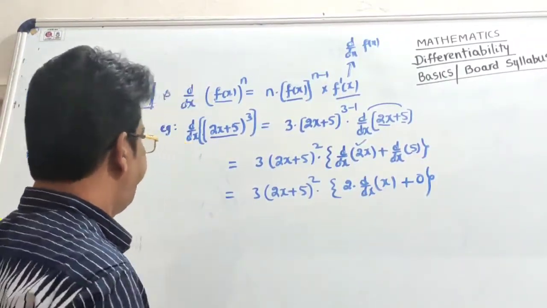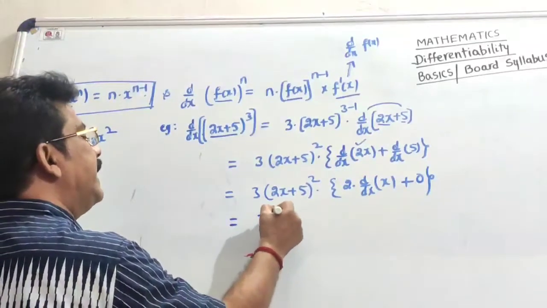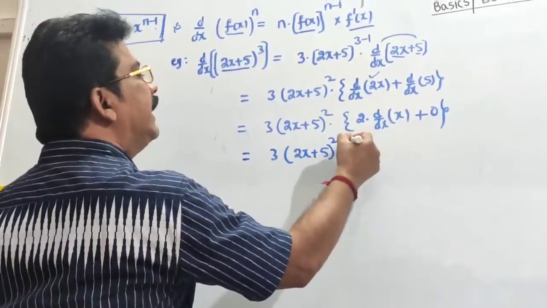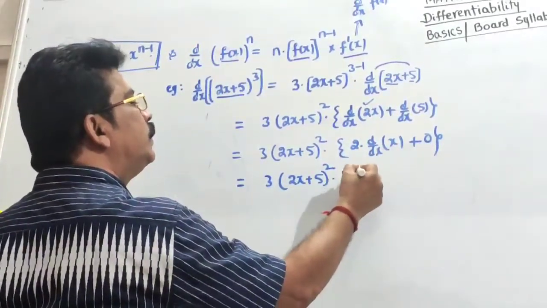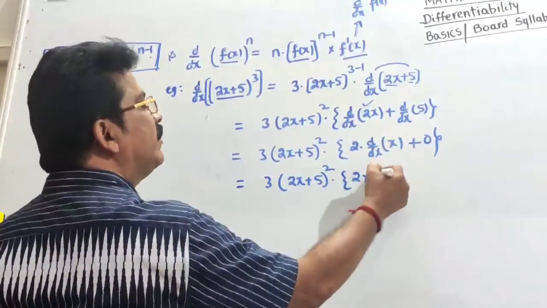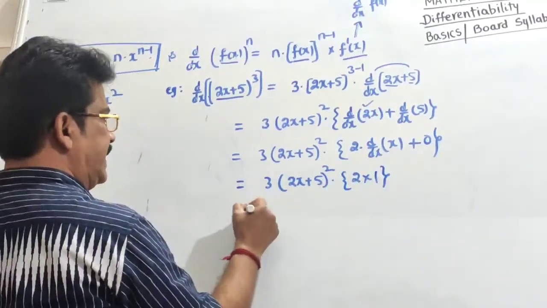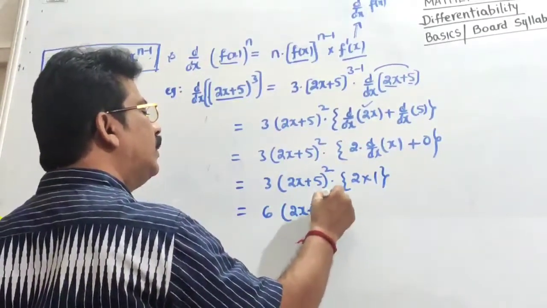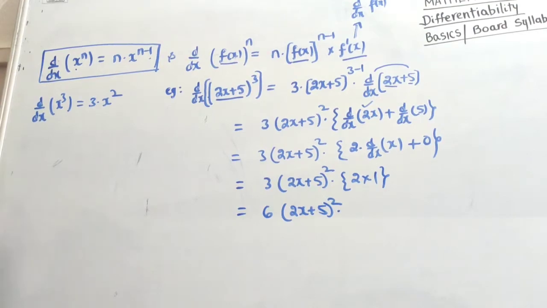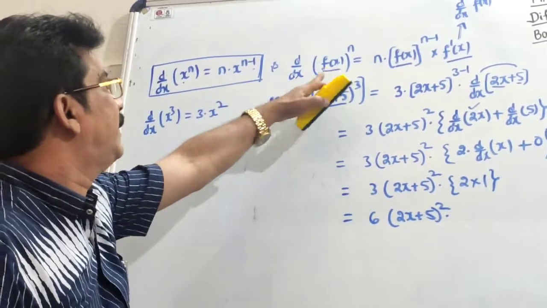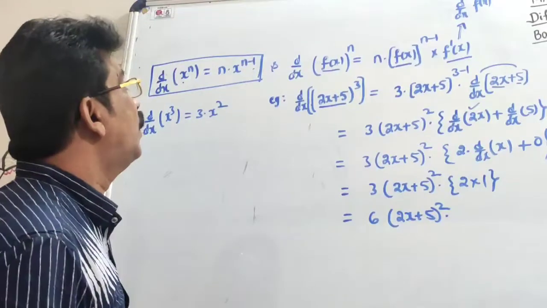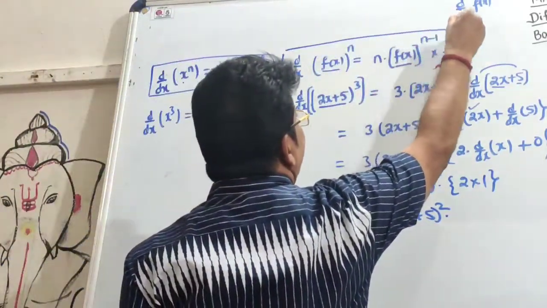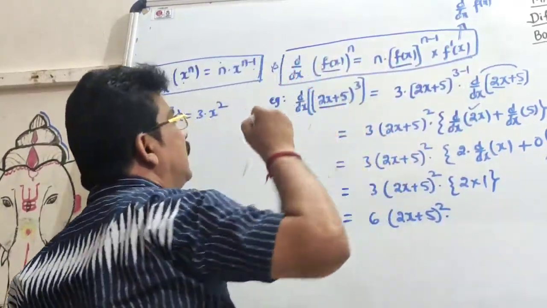So 3 into (2x plus 5) whole square into 2 into d by dx of x, which is 1, plus 0. That is equal to 6 into (2x plus 5) whole square. This is the simple application of the formula for d by dx of f of x whole to the power of n, the derivative of the composite function.